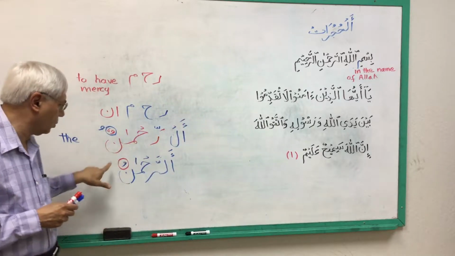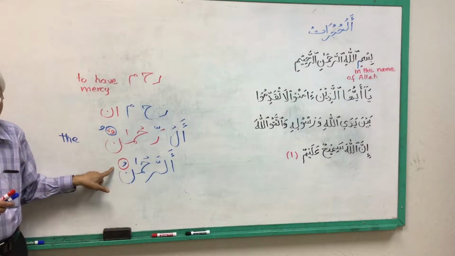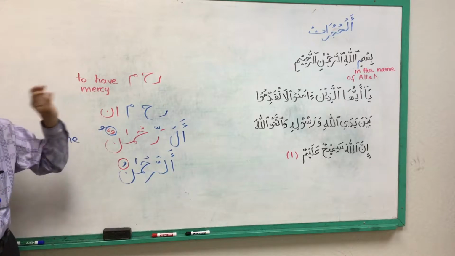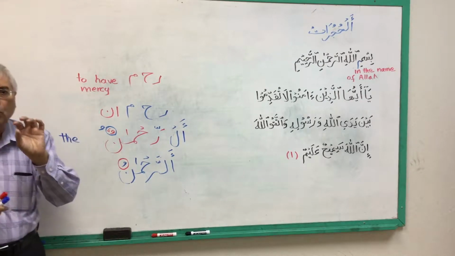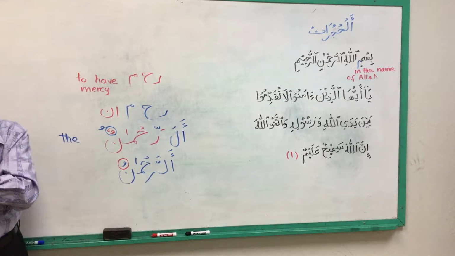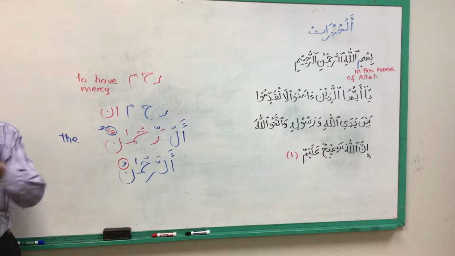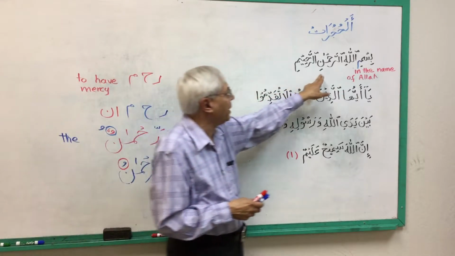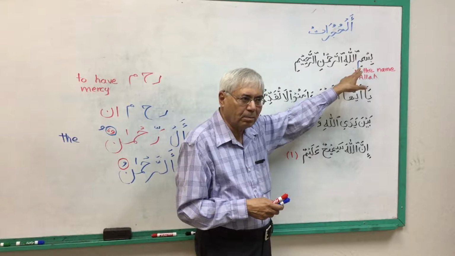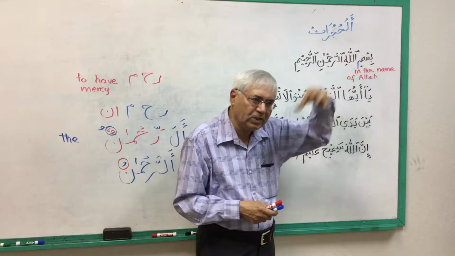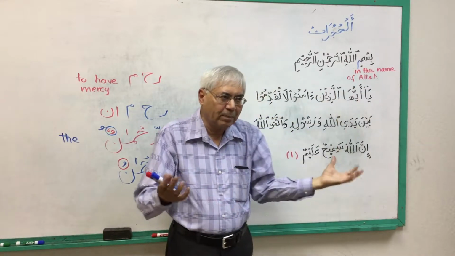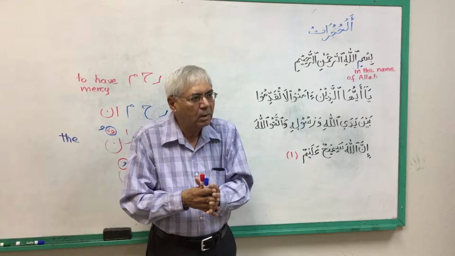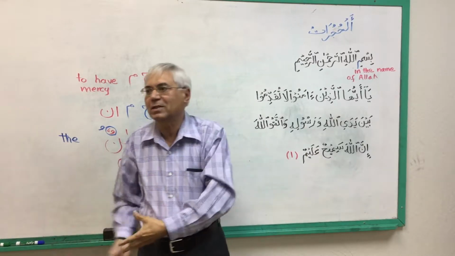No more Rahmanu. Now by looking at Rahmani, you should know that there is some word before this, and this word is replacing that word. Badal, changing that word, exchanging. Exchanging means they both are the same. Allah is the same as the Rahman.